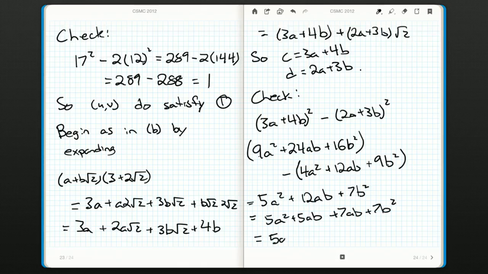Alright, well we could take out a factor of 5a from this first little bit, and we get a plus b.